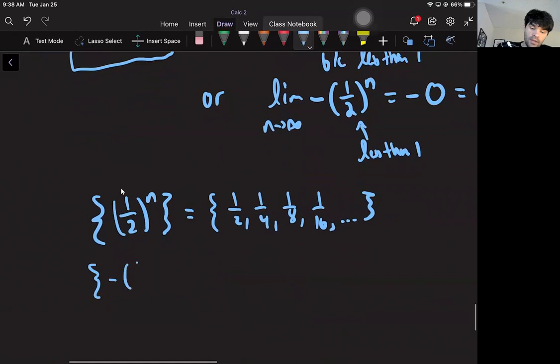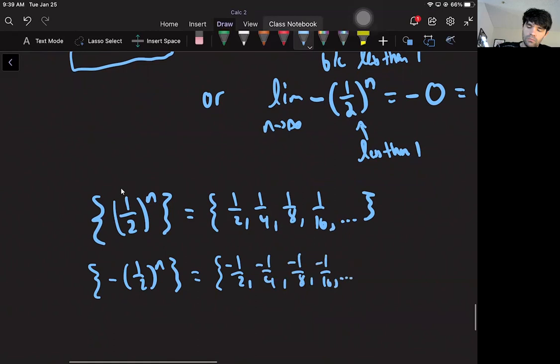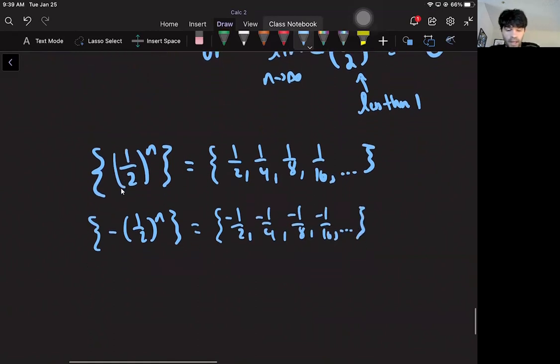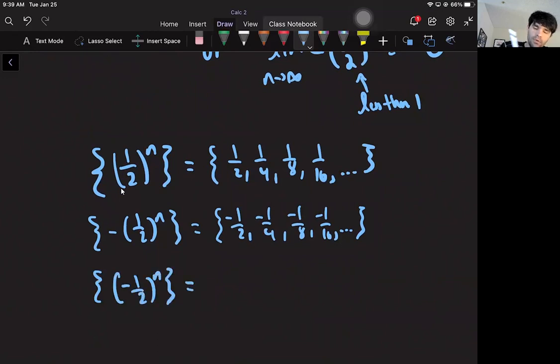If I stick the negative on the outside, then it just makes all of these be negative. And if I stick the negative on the inside, then it flips it back and forth. Starts off as negative, then it's positive, negative, positive, so on like that.